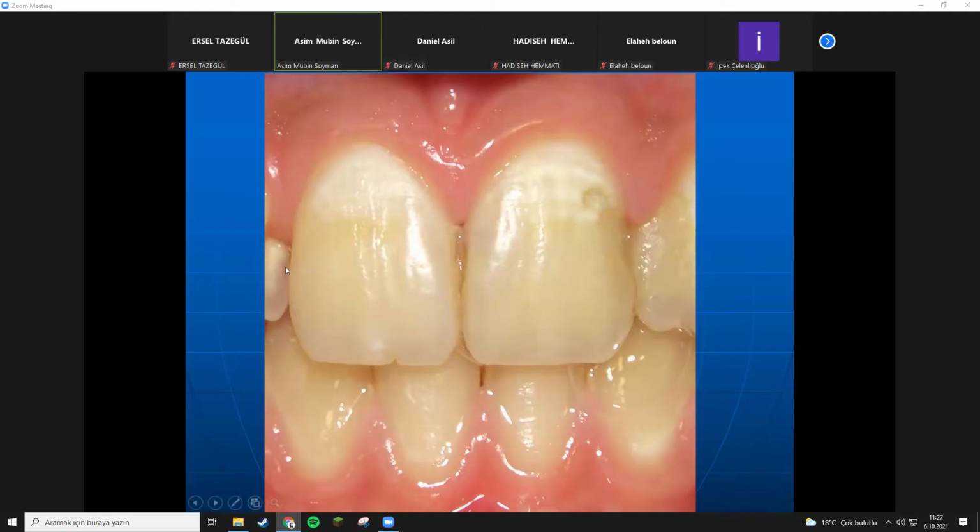Now, you see, this is a very bright, translucent dental enamel, very nice. And here are the white regions. These are white spots or white regions. These are dissolved enamel areas, which look a little bit chalky, okay? Not bright like these regions.